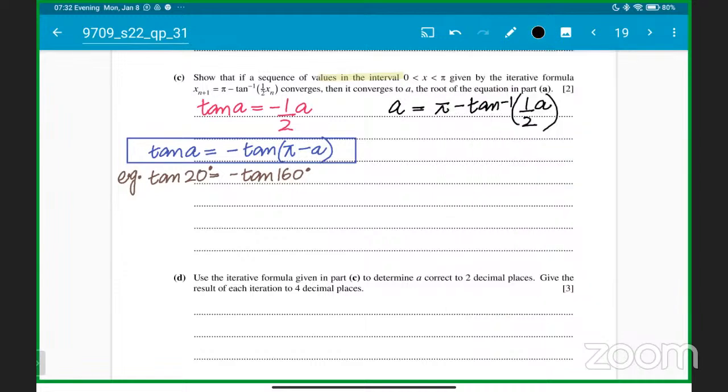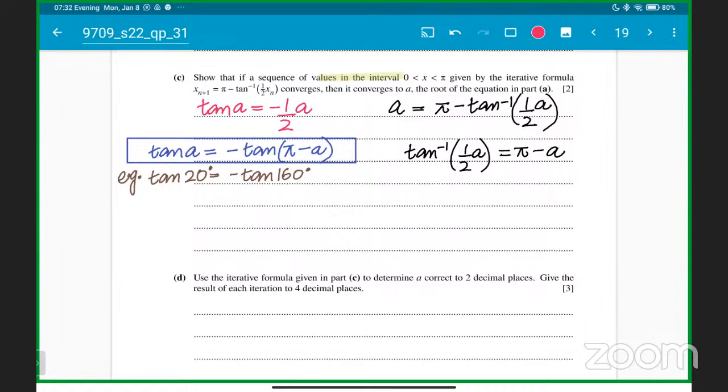So what I can see here, if I bring this here, let's say tan inverse of half a is equal to pi minus a. I'm taking it to this side, and tan inverse of half a is equal to tan of pi minus a. I'm using this to prove that. This is the property that we should know.